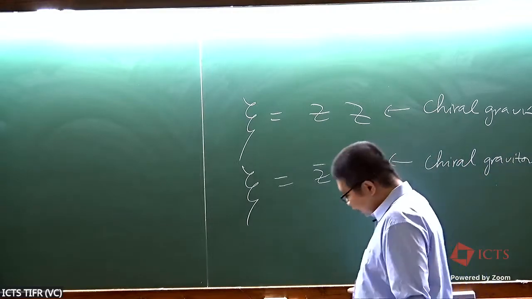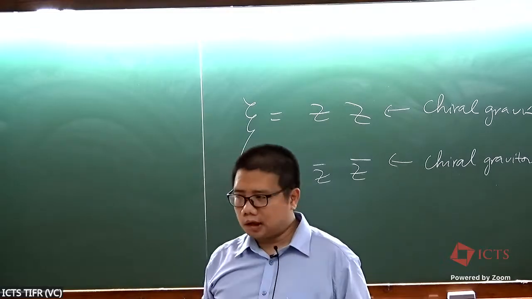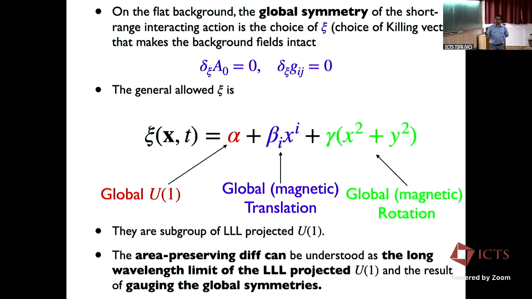So what I believe is that the lowest Landau level projected U1 will generate the low energy manifold of the fractional quantum Hall problem. On top of this symmetry, the other generators will create excitations in the low energy spectrum, and the spin begins from 2 to infinity.